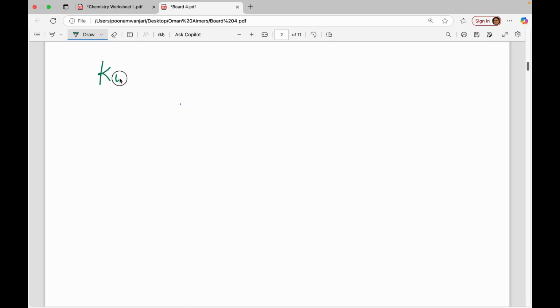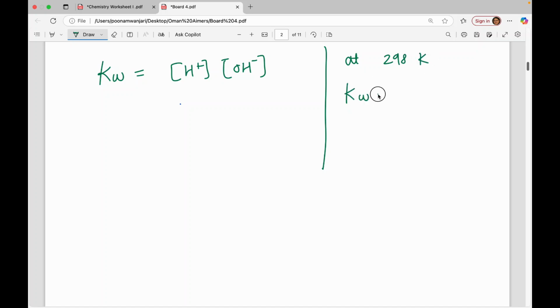The first thing, write down the expression for Kw is equal to concentration of H plus into concentration of OH minus ion, and this is at 298 Kelvin. So the ionic product is equal to 1 into 10 to the power minus 14 mole squared dm to the power minus 6.